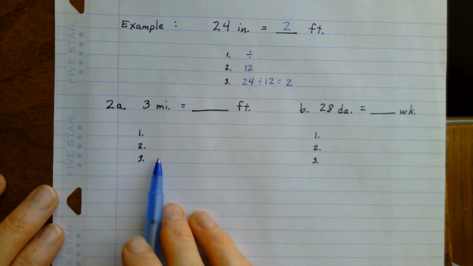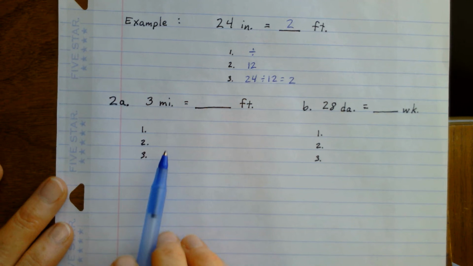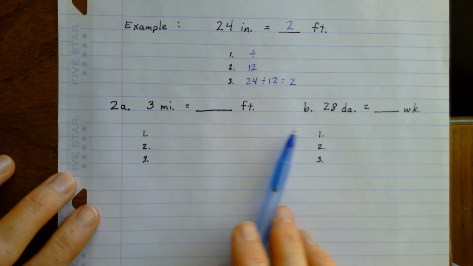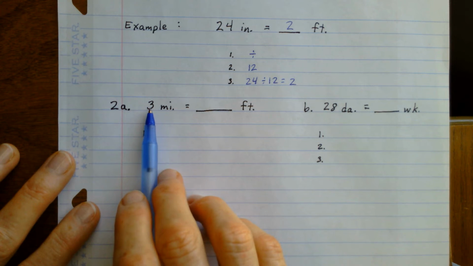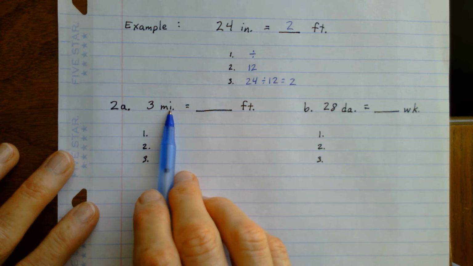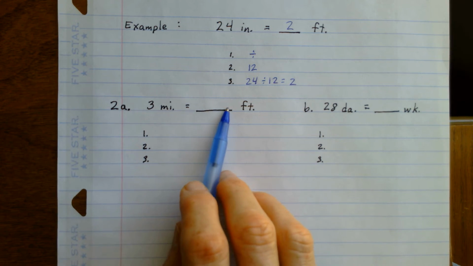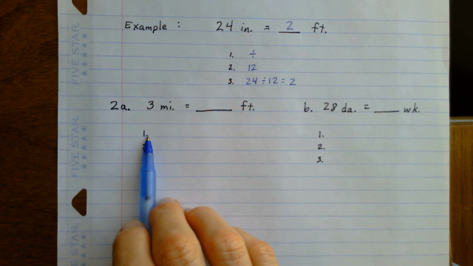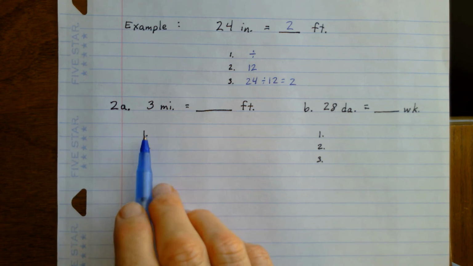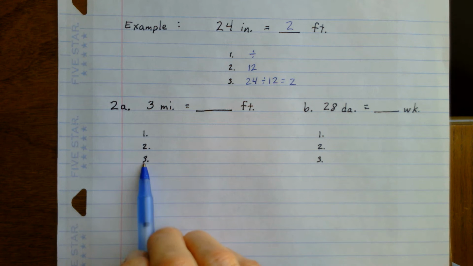So let's do 2a together. Skip number 1 for now. Do the 2a and b with me. So if you have 3 miles and you're trying to find out how many feet that is, step 1, I actually want you to write this in the space under 2a. I want you to write a little 1, 2, 3.